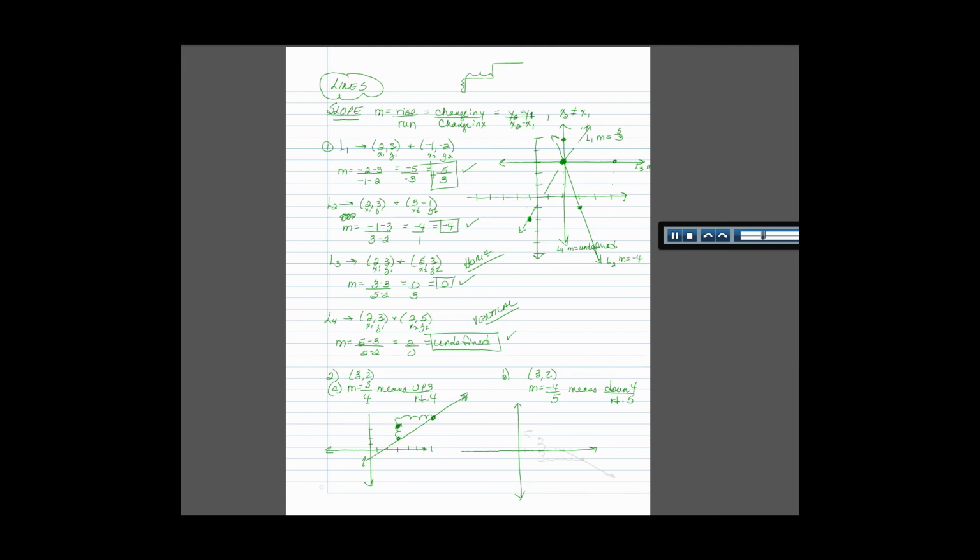We start with the point (3, 2). Now we go down 4: 1, 2, 3, 4. And then we go right from here, 1, 2, 3, 4, 5 to here. And so this line, you can see with negative slope, is going down. So it's just using slope and a point to graph the line. I'll review.